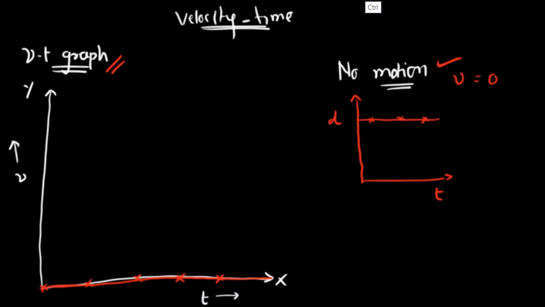Alright. Now another type of velocity time graph is for the uniform motion, where the velocity or the speed of the body will remain the same, uniform speed or velocity.